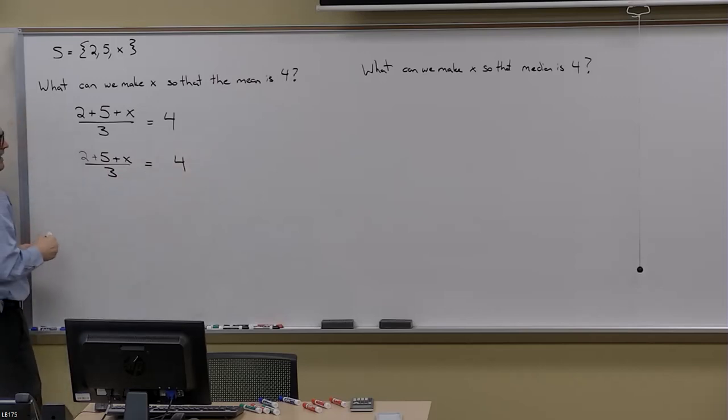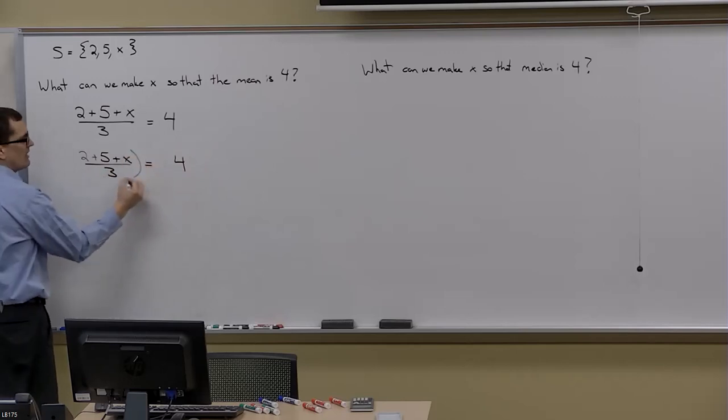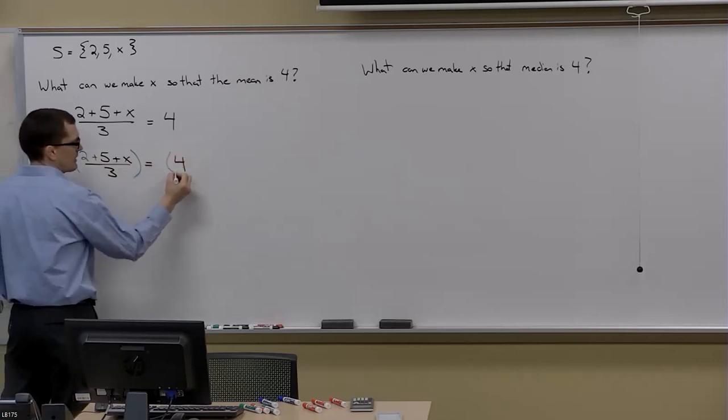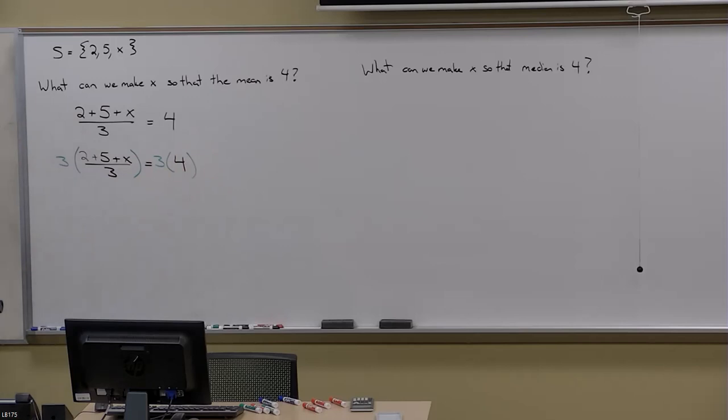Hopefully you all have cleared fractions before, or cleared denominators. If not, you just say, well, the denominator of 3 can be undone by multiplying the left-hand side by 3. And if I multiply the left-hand side by 3, I also need to multiply the right-hand side by 3 so that my equation is equivalent.